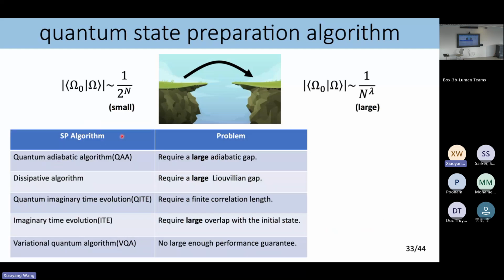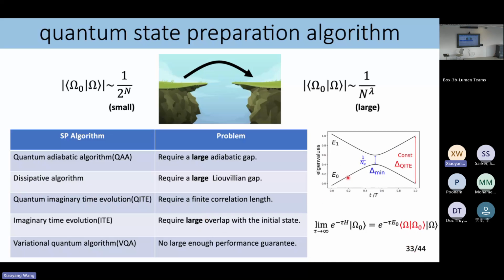For example, there are quantum algorithms including the quantum adiabatic algorithm, the dissipative algorithm, the quantum imaginary time evolution, and the variational quantum algorithm. However, usually these methods require a very large adiabatic gap, or Liouvillian gap, or a large overlap with the initial states.